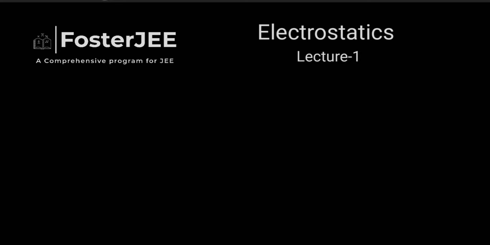Today we are going to start our first lecture of electrostatics. So let's begin. First of all, we will understand what is the meaning of electrostatics. We can see the word electrostatics is made up of two words, that is electro and statics. Now, what does that mean?